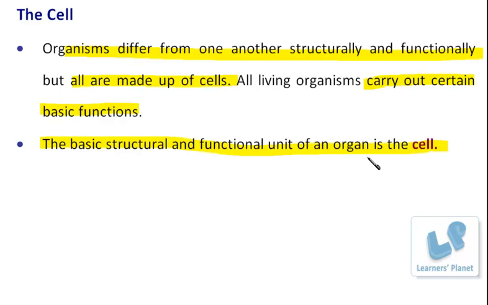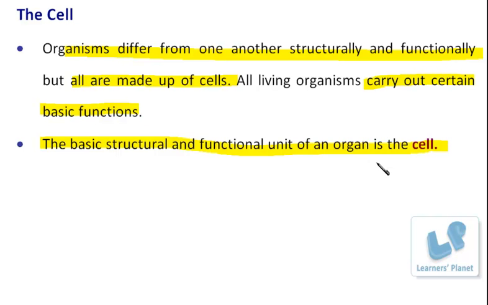I have written here simply organ, but initially we can use the term organism instead of this organ. You know why? Because these organisms can be either unicellular or multicellular, isn't it? Now, if it is a unicellular organism, then definitely that organism is made up of a single cell.